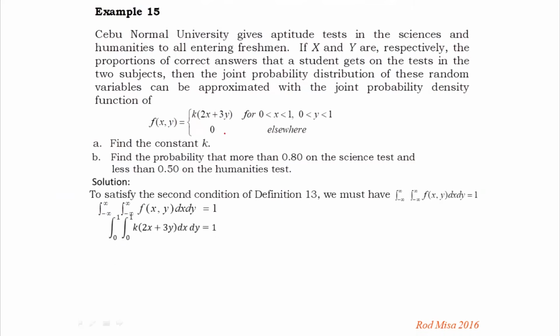And we know that our joint probability density function is k times the quantity of 2x plus 3y. And this will be integrated with respect to x, where the limits of integration are from 0 to 1. And then with respect to y, whose limits of integration are also from 0 to 1, because these are the domains of their corresponding random variables. So integrating first our integrand with respect to x, we have the integral of 2x, which is 2x squared over 2.